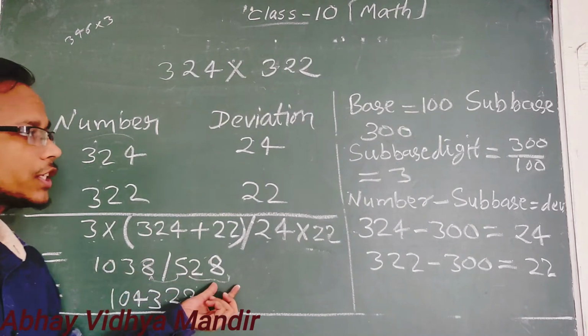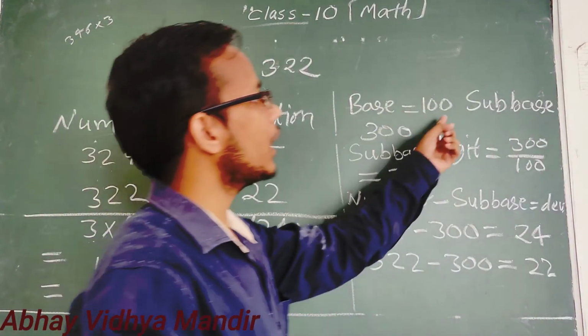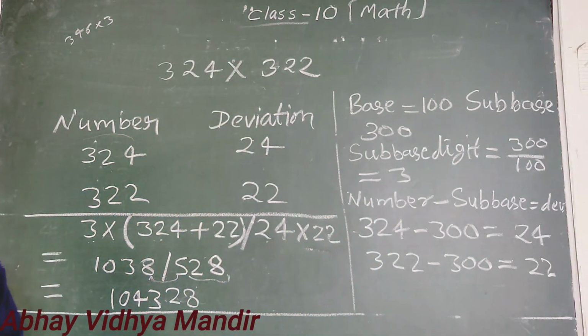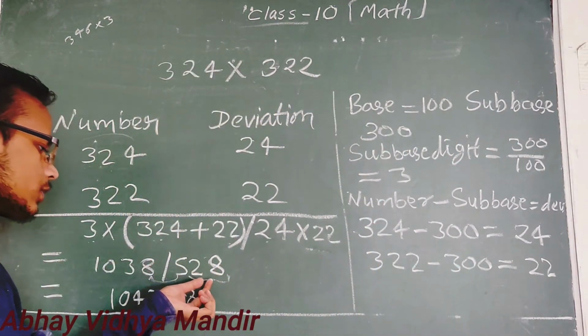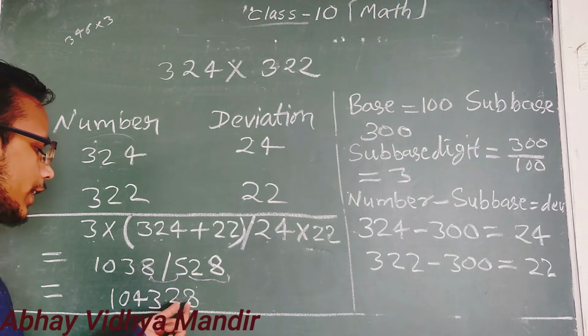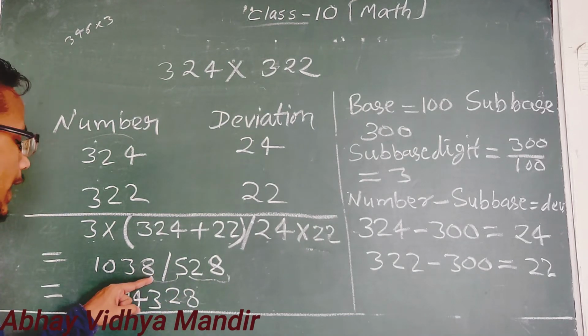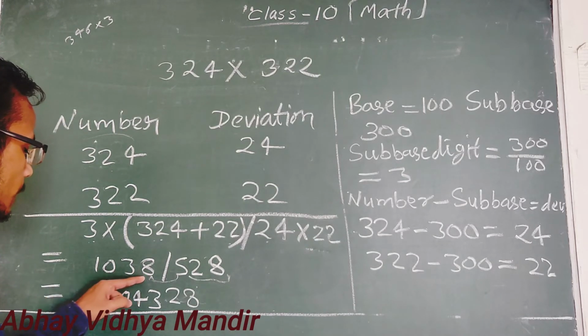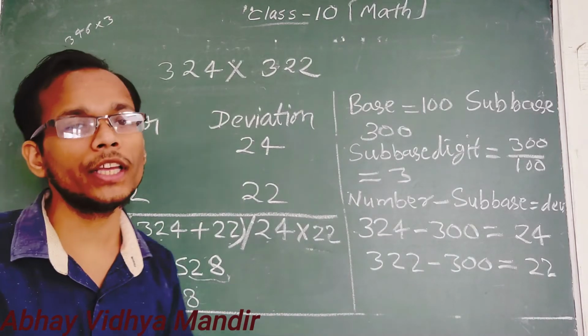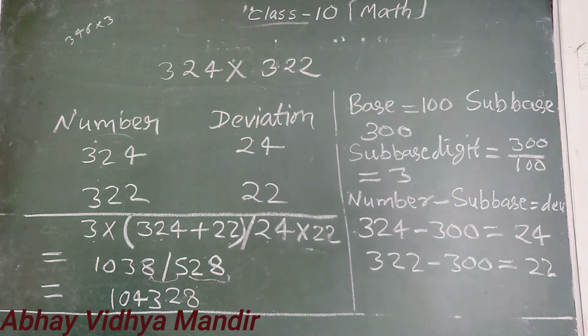Now, use these numbers as pairs of 100. So we have to take two-digit pairs. So 28 is noted here, and 5 is carried to this. After adding 5 to this, we will get 1043. Okay, this is the answer of this.